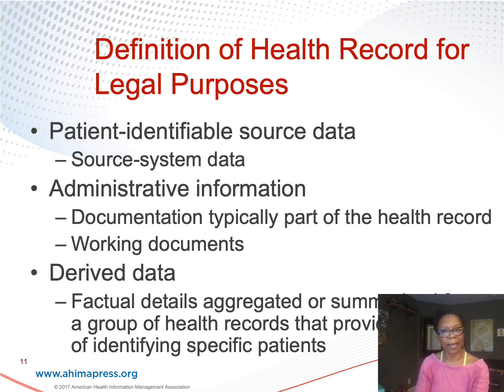The second type of administrative information should not be considered part of the legal health record, will not be produced in response to a court order, subpoena, or request for health records, and provides no means of identifying a specific patient.